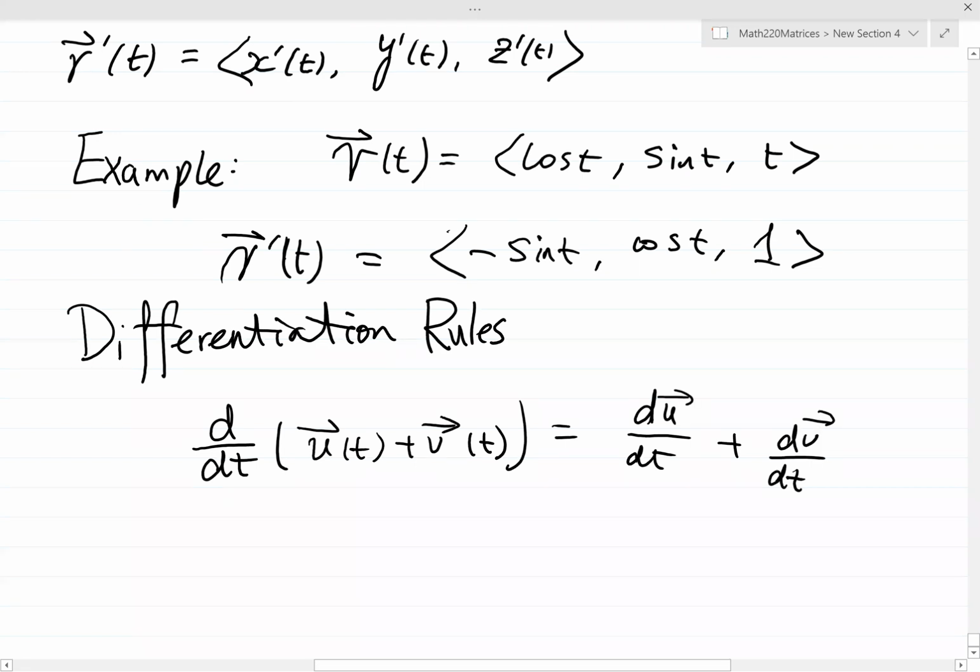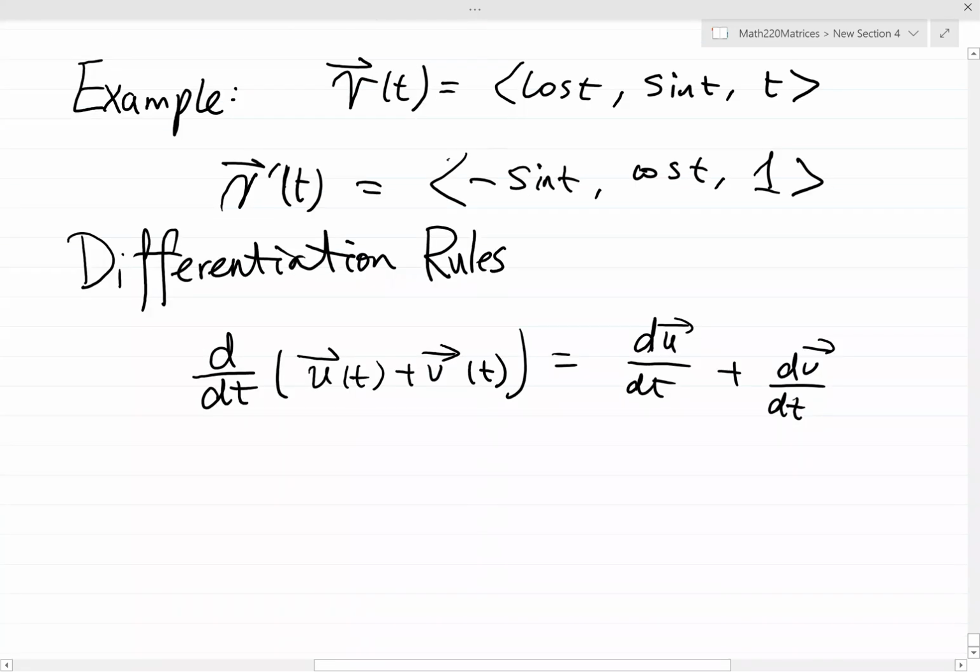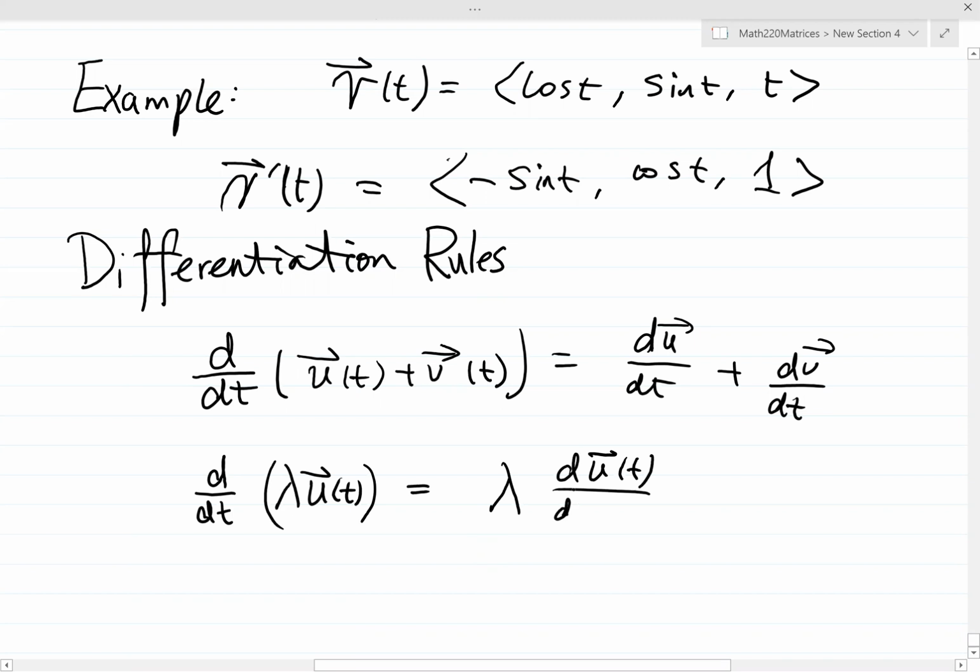That's trivial. Now for a constant multiple, let's use lambda, we get lambda du/dt, where lambda is constant.